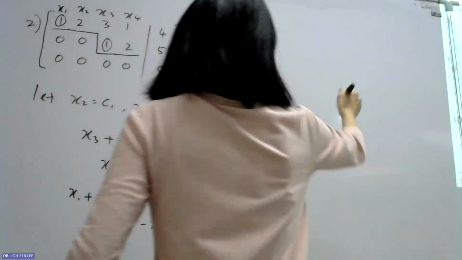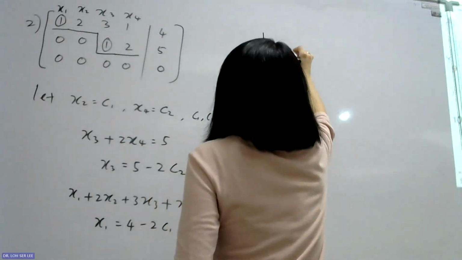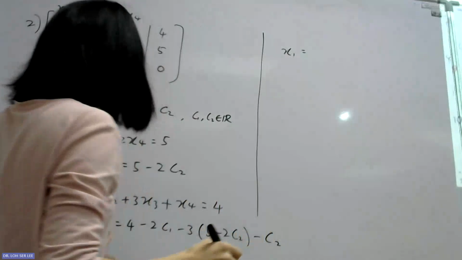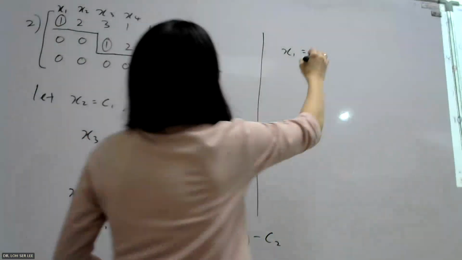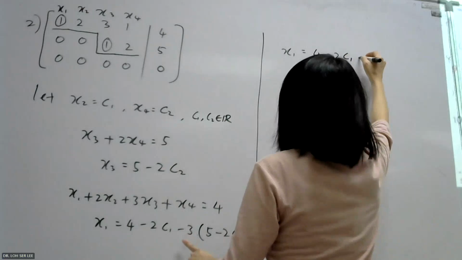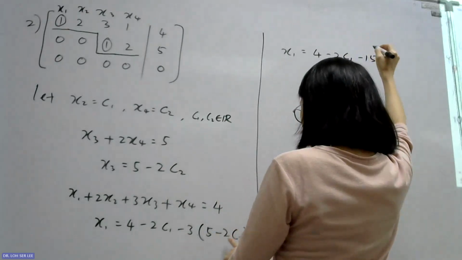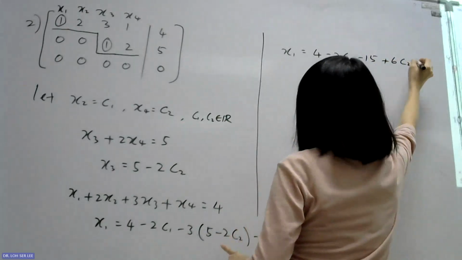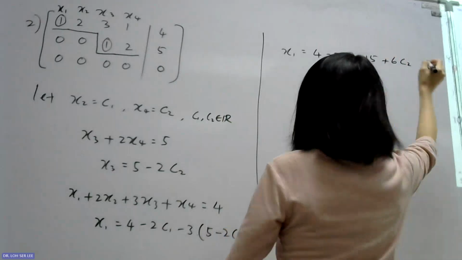Okay, then I continue here. Your x1 will be 4 minus 2c1 minus 15 plus 6c2 minus c2.